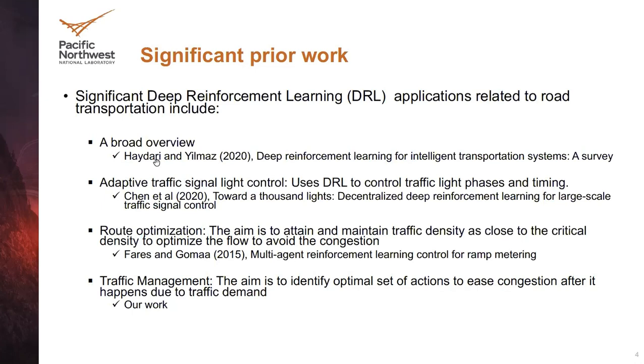And then you have route optimization, where multi-agent reinforcement learning is employed for ramp metering. This is to control the flow before it enters the freeway network, so that you're trying to optimize the incoming traffic itself.